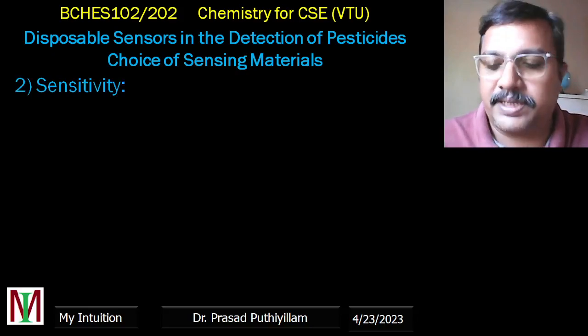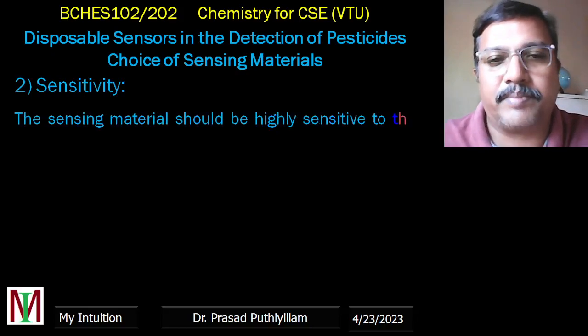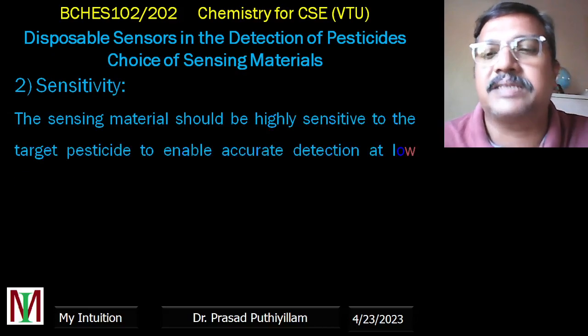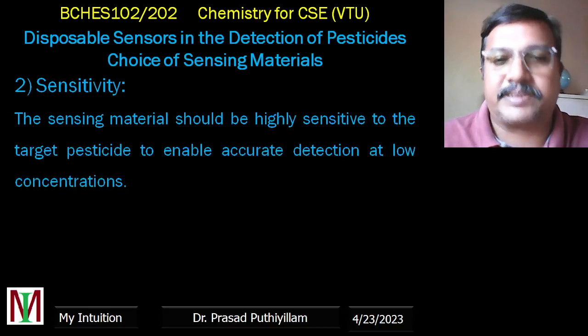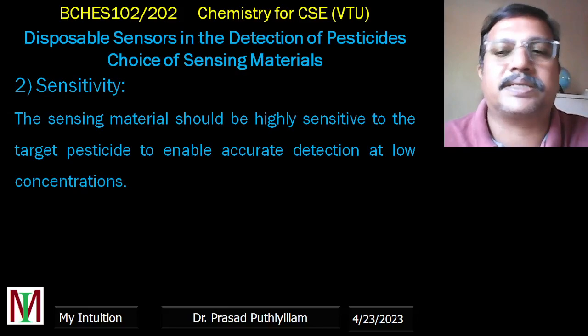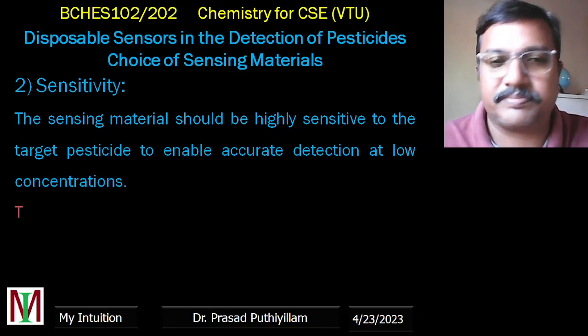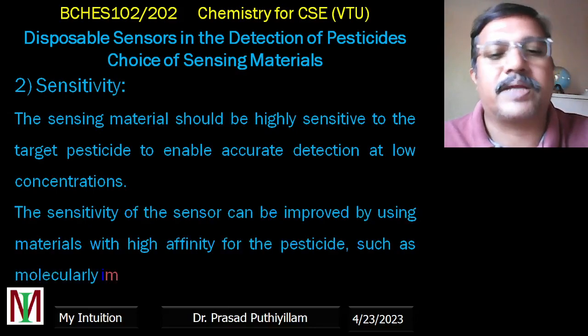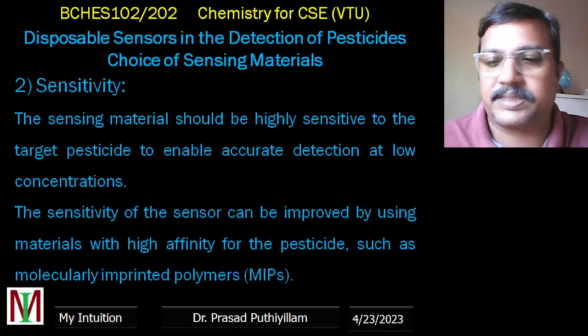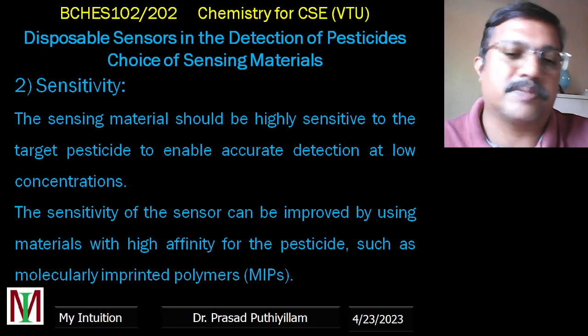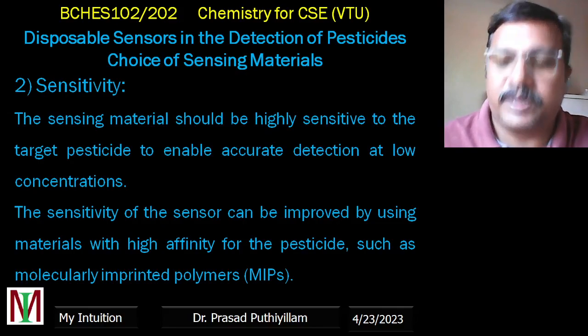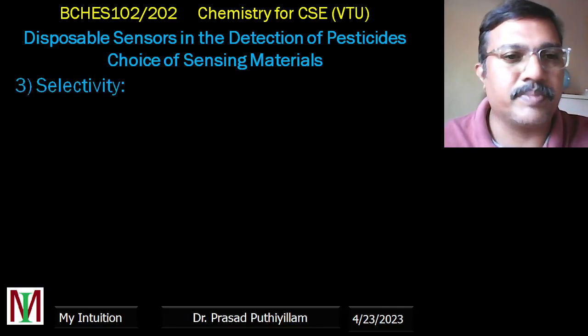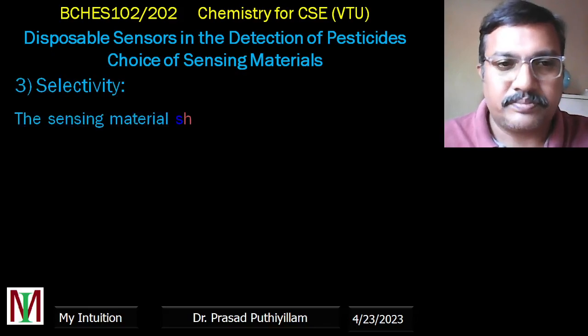Then sensitivity. The sensing material should be highly sensitive to the target pesticide to enable accurate detection at very low concentrations. It can be improved by using materials with high affinity for the pesticides, such as MIPs, that is molecularly imprinted polymers. Selectivity.